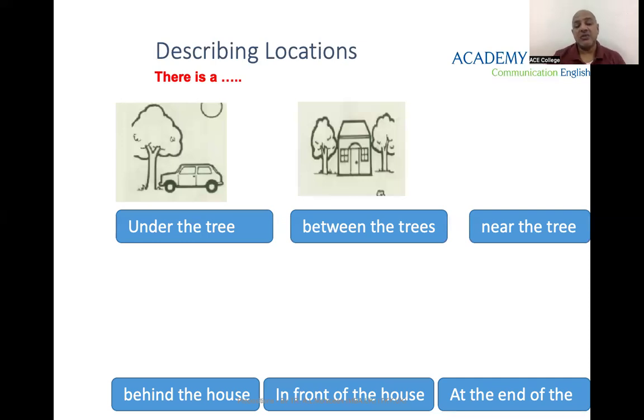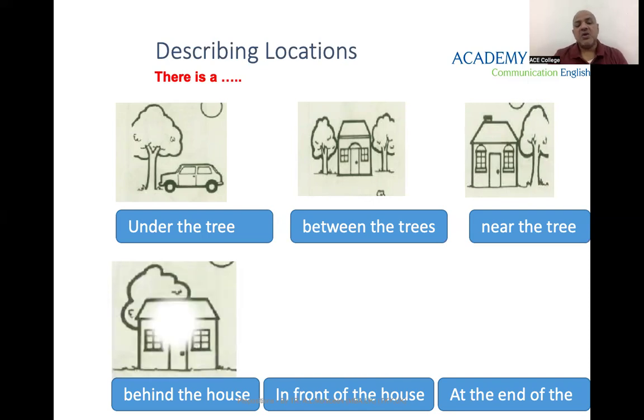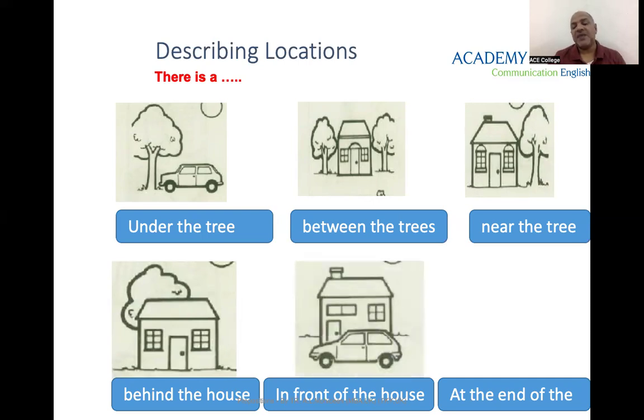There is a house between the two trees. Near, you can point out the location. There is a house near the tree. Or you can say there is a tree behind the house. Okay, and there is a car in front of the house. And at the end of the road, yeah, there is a house at the end of the road.